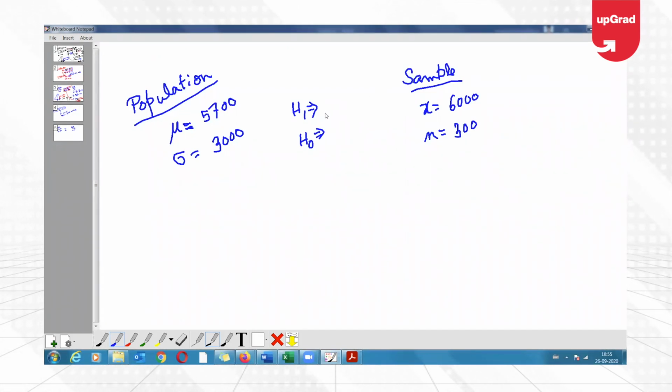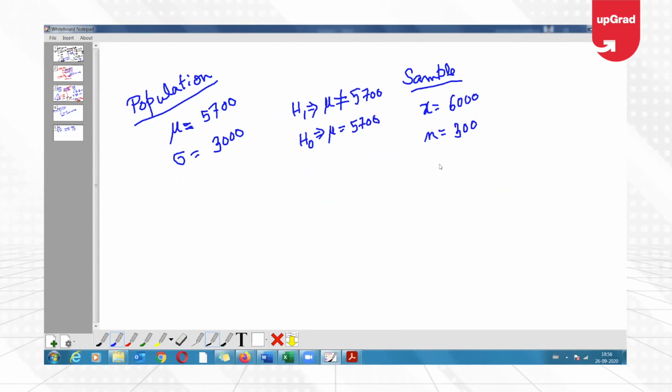The null hypothesis is that mu is equal to 5,700, and the alternate is mu not equal to 5,700.